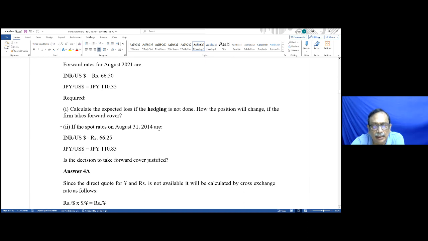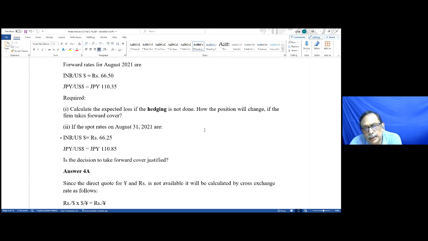Now, this date I am changing. If the spot rates on August 31st, 2021 are INR per US dollar, rupees 66.25, and JPY per US dollar is equal to JPY 110.85.